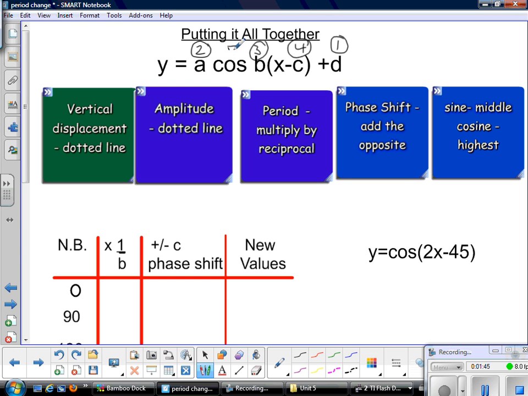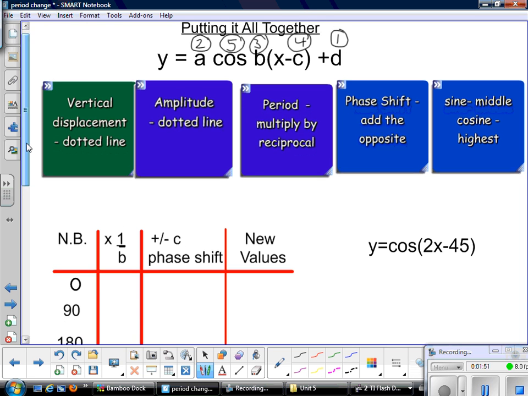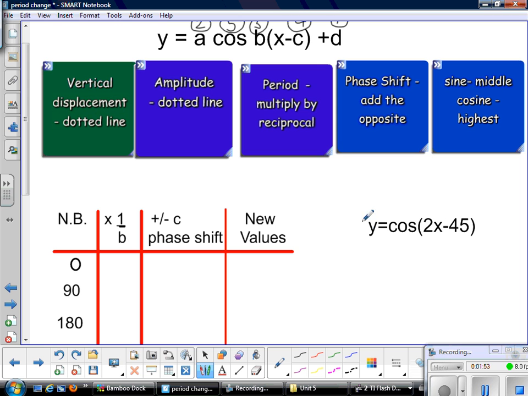Now let's just take a look at what that means with an example, and we'll forget about graphing it first of all. Okay, so when I look at this equation here, it says y equals cos bracket 2x minus 45. This is not in the same format as what you're seeing up here. So the first thing I would do on something like this is change it so it's like this format. So I would actually divide out that 2.